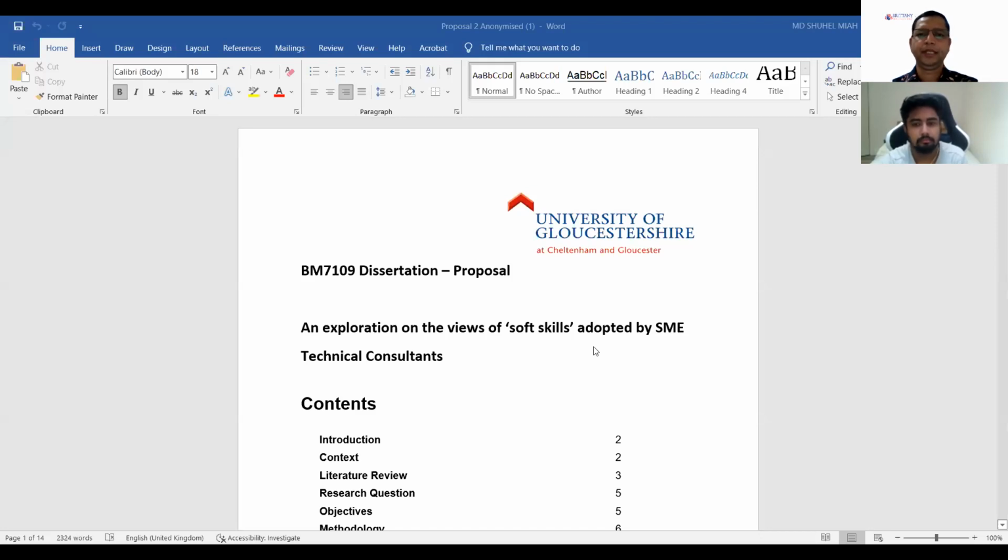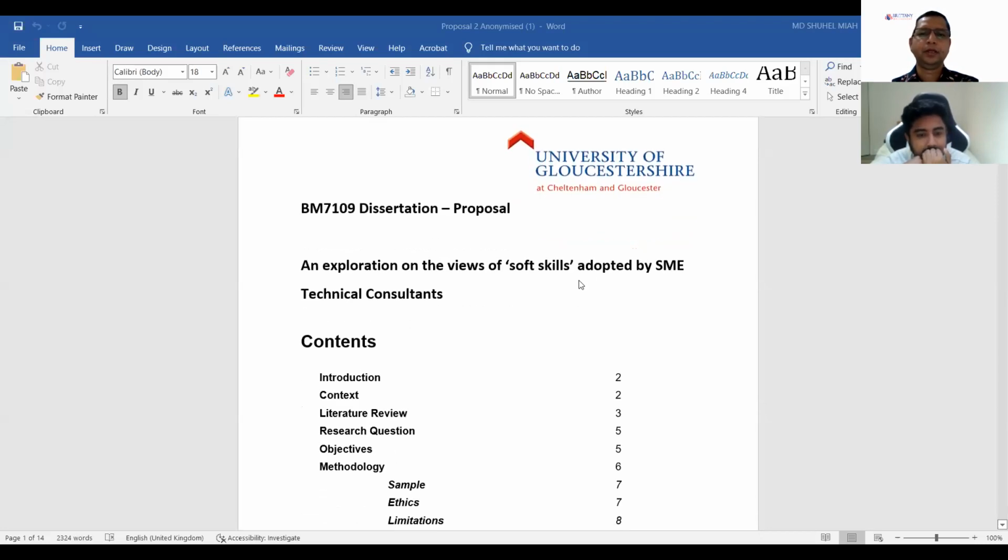You will have a title. You leave it like this. I will give you the soft copy so you can start writing your proposal on this. This is the title: an exploration of the views of the soft skills adopted by SMEs, small and medium enterprises. So an exploration of the views of soft skills, the training part.